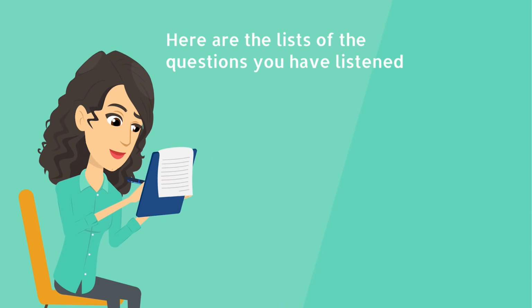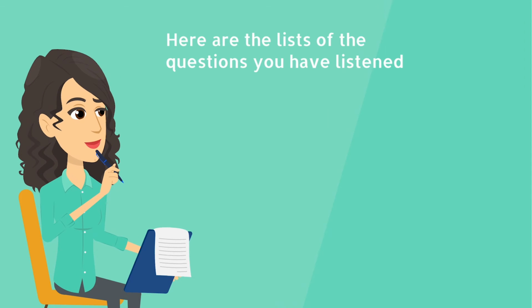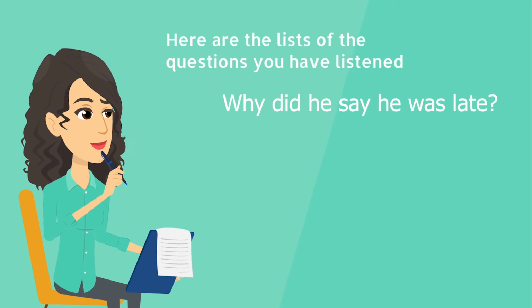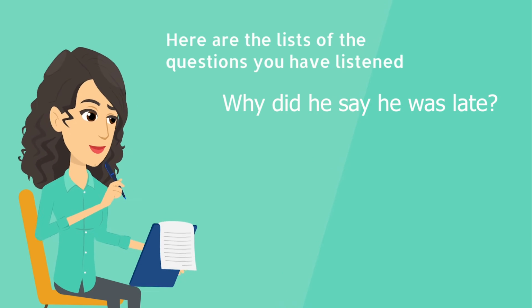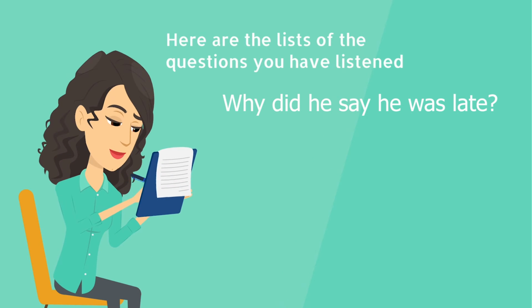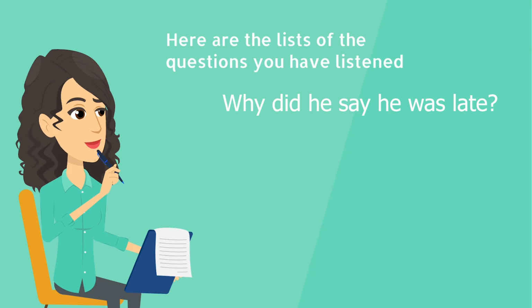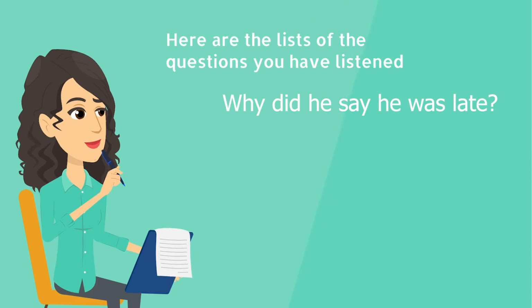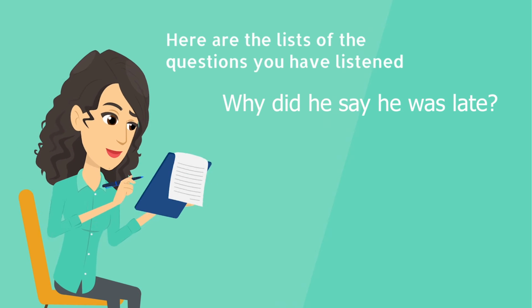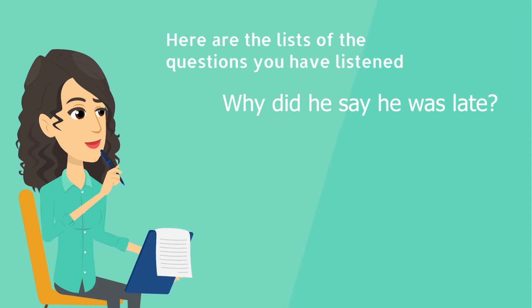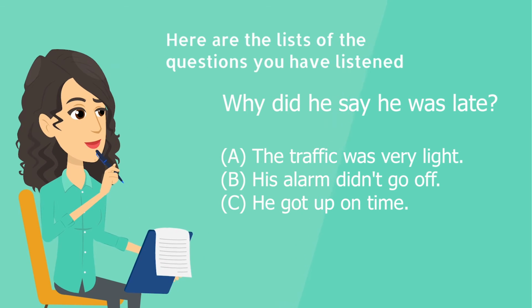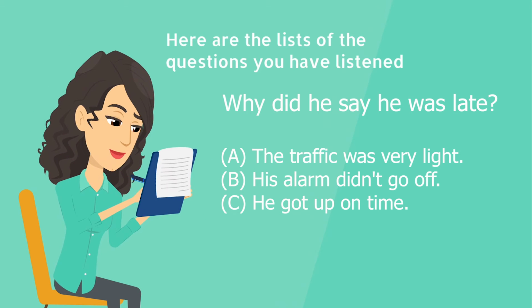Right. Take a look at the third question. Why did he say he was late? In here, the speaker is asking the reason why he was late. And then A, the traffic was very light.